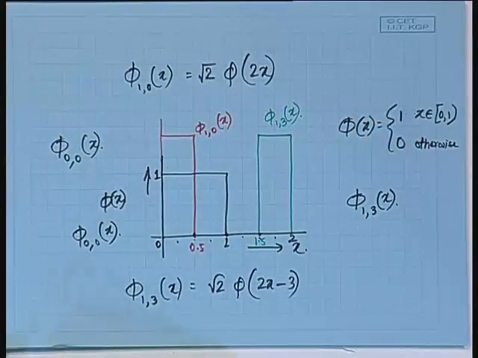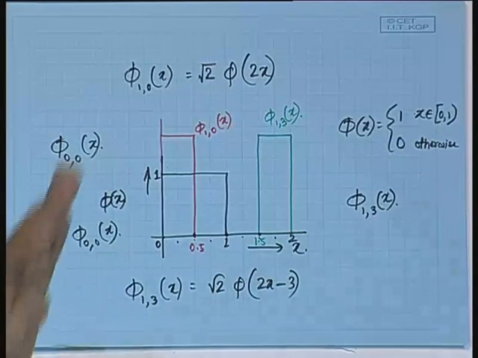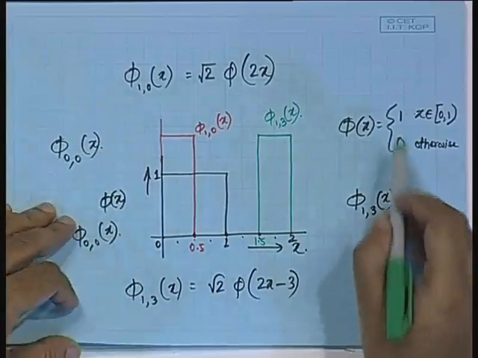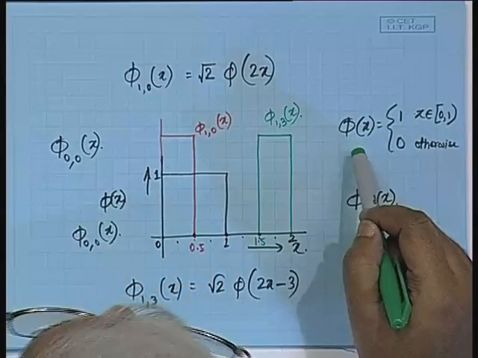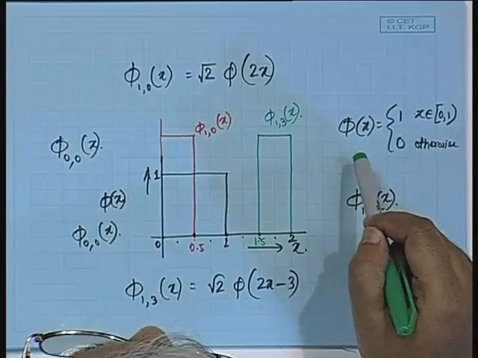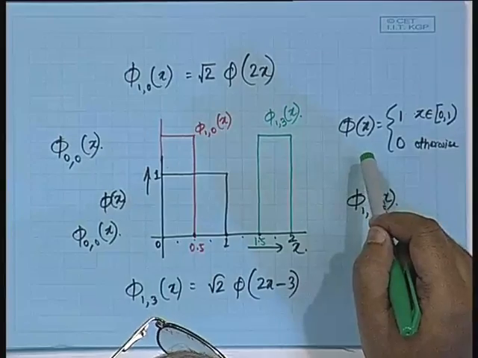So, what you are seeing is that we are having scaled and shifted versions of this basic function which is phi 0 0. So, defining a basic function phi 0 0, we can obtain its scaled and shifted versions of the functions.